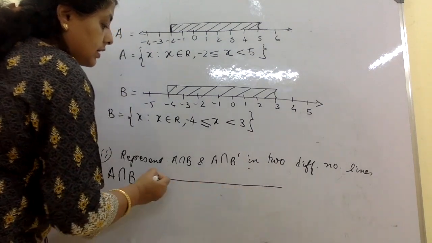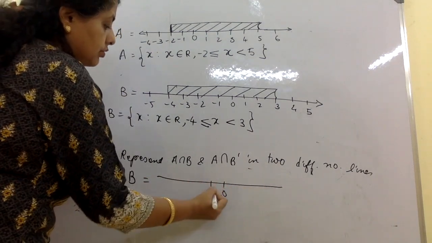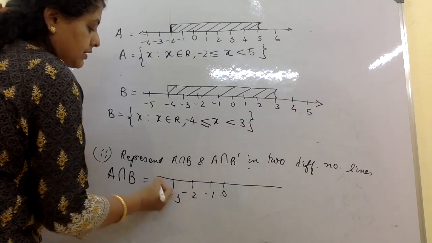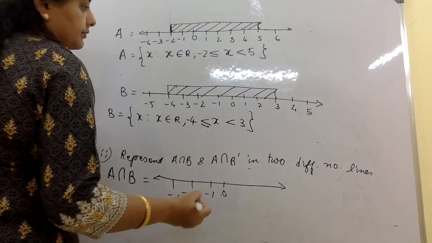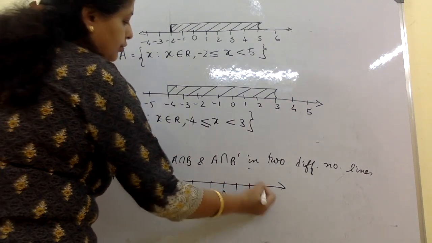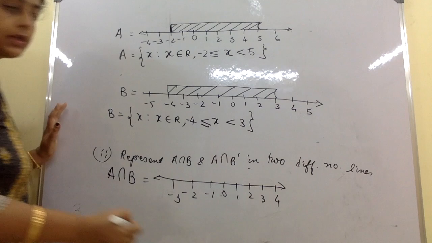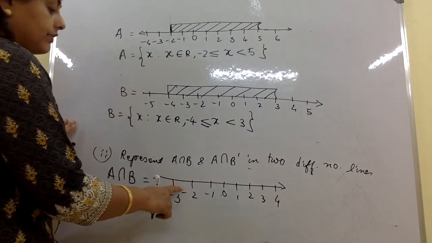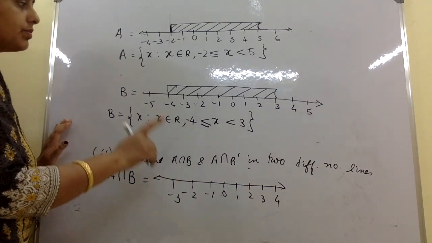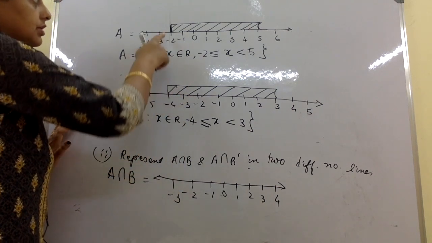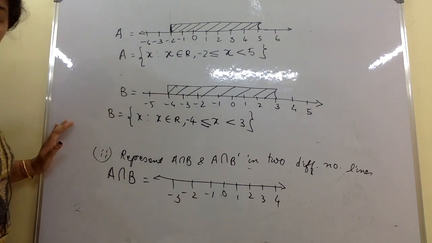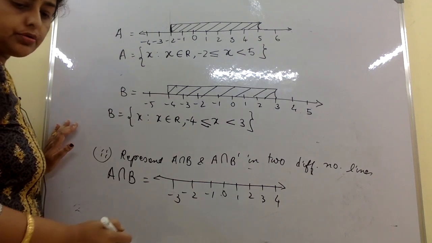So here is the number line once again, and 0, minus 1, minus 2, minus 3, and this side I will have 1, 2, 3, 4, like that. Okay, so here I will have to start only with minus 2, but it is definitely going to include minus 2 because B also includes minus 2, this also includes minus 2. So therefore I will include minus 2.